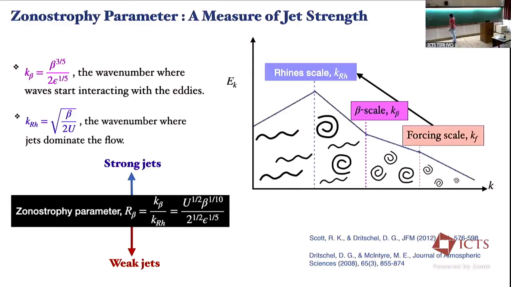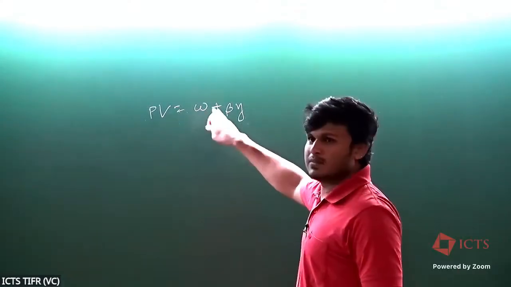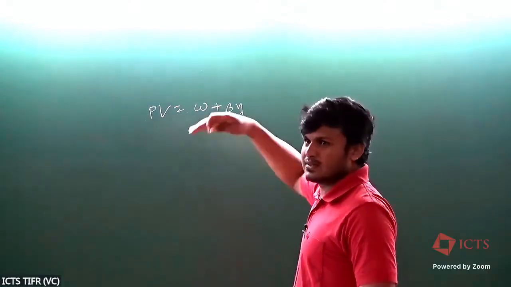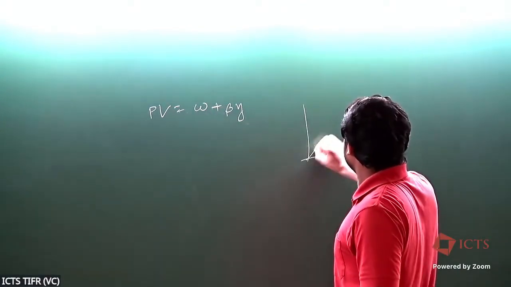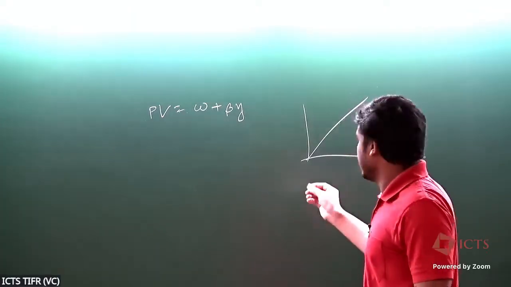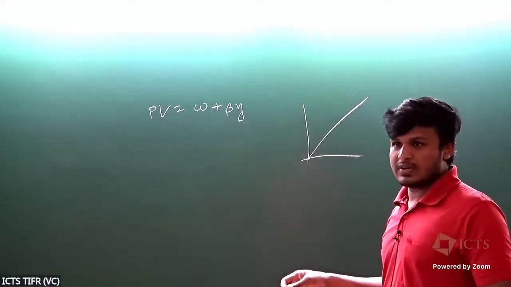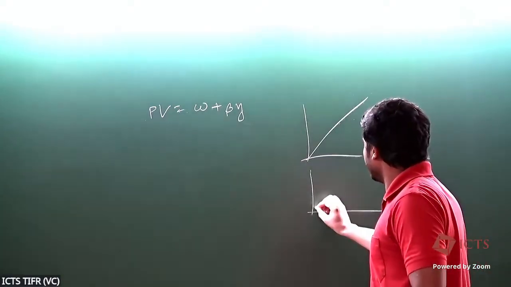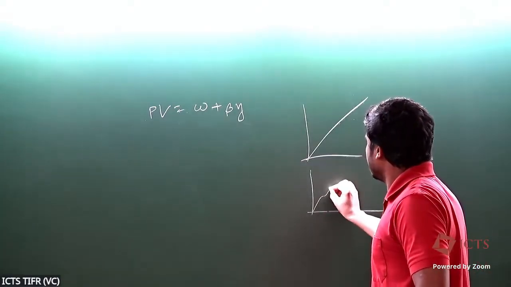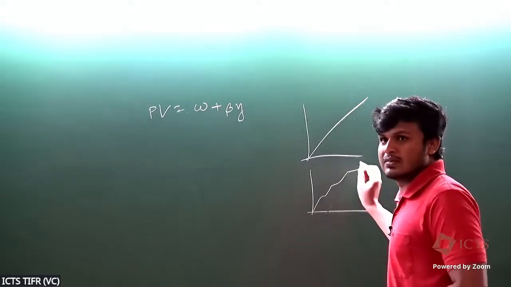Potential vorticity is defined as the flow vorticity omega plus this beta y term. So initially, if you have random eddies, omega is uniform, so this potential vorticity will go along a straight line. Now, as the flow evolves, as the wave enters the picture, gradient formation will happen. Like this picture will go like this kind of picture.